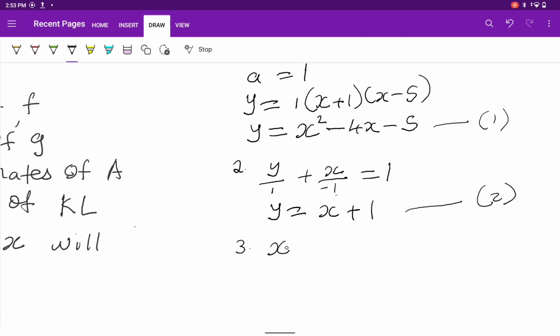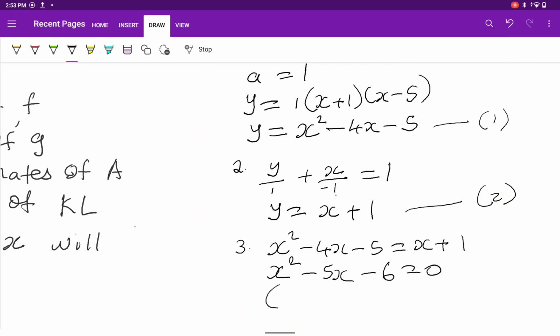So we will have x squared minus 4x minus 5 equals x plus 1. Bringing the x and the 1 to that side, we will have x squared minus 4x minus x, it's minus 5x, and then minus 5 minus 1, it's minus 6.